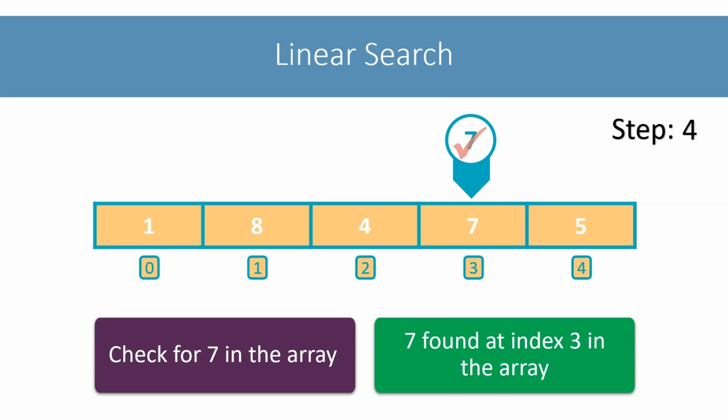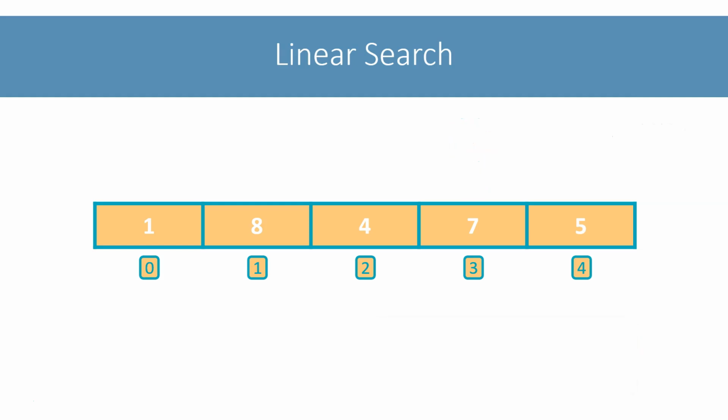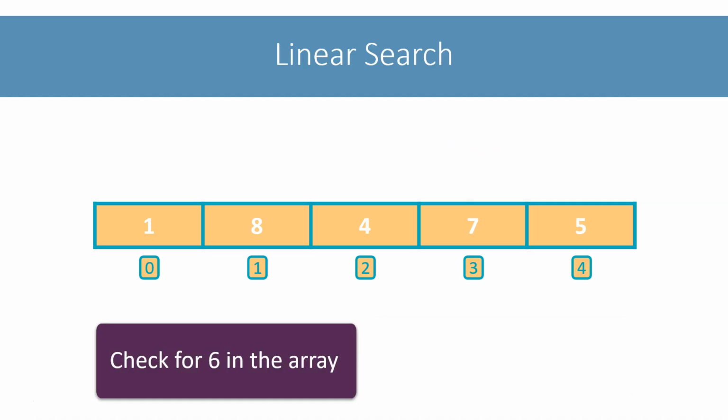We will come back to this point when we discuss binary search and compare the number of steps needed in both the algorithms. Let's see an example of the element not present case also. 6 is not present in the array. We check each element of the array until we reach the end.